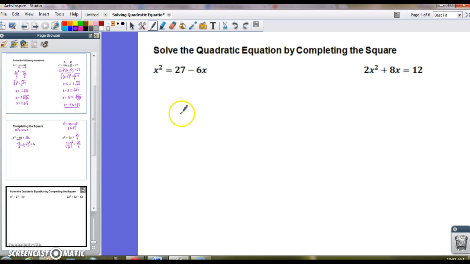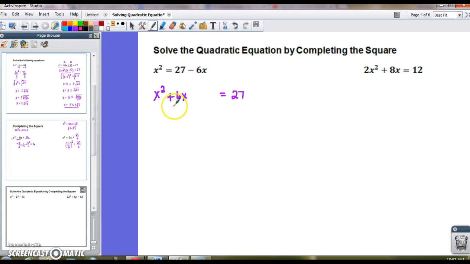The first thing I want to do is get all of my x terms on one side of my equation and get everything else on the other side. So I have to add 6x to both sides to get it in the form that I need. So I have x squared plus 6x, and then I'm going to leave a space because I have to complete the square, and I'm going to leave the 27 on the other side there.